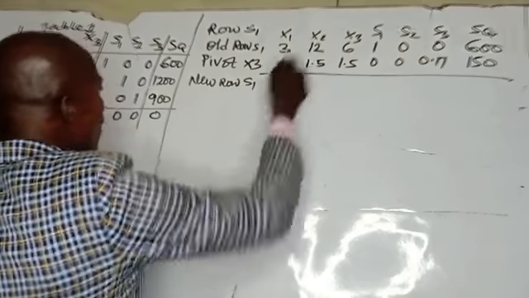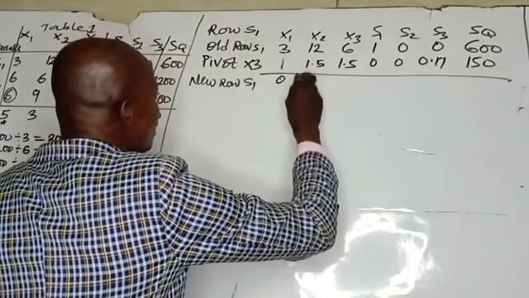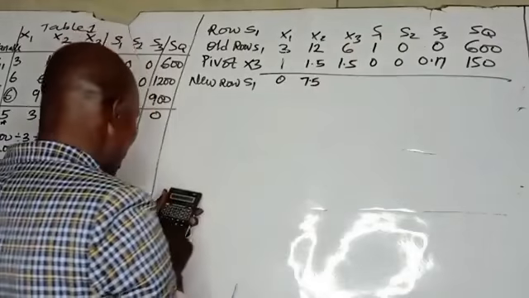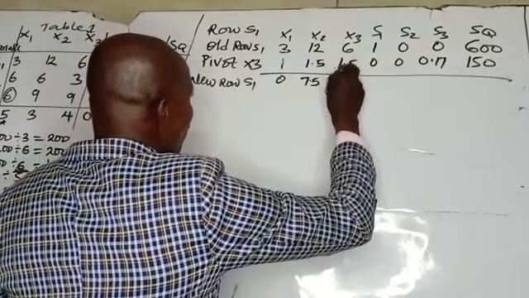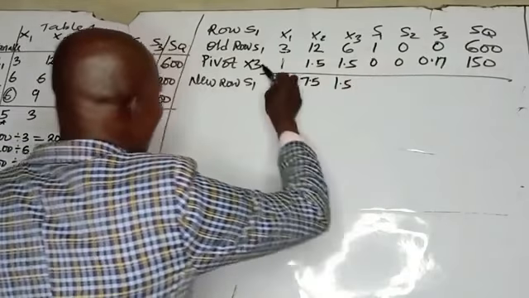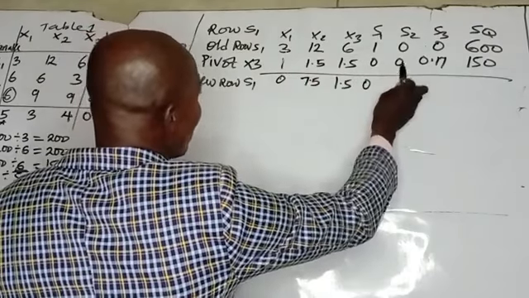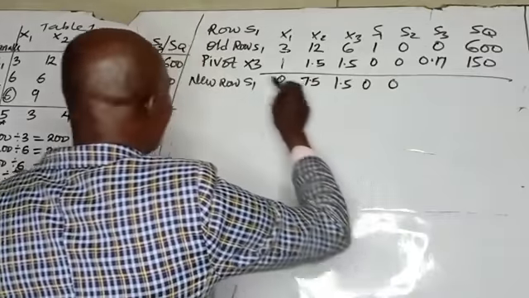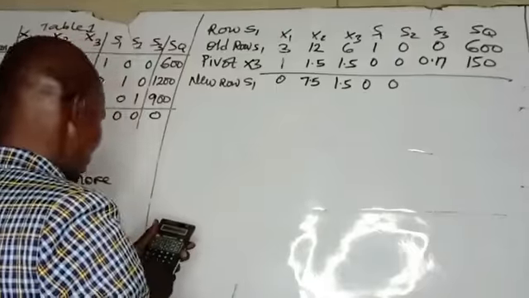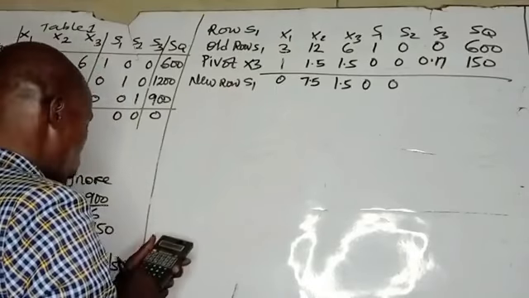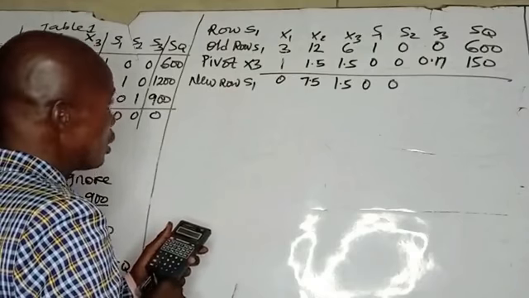Then 1.5 times 3 will be 4.5. If you subtract 4.5 from 12, you'll be left with 7.5. 6 minus 4.5 will be 1.5. 3 times 0 is 0. 1 minus 0 is 0. 3 times 0 is 0. 0 minus 0 is 0. 3 times, it was 1 over 6 that gave us 0.17.